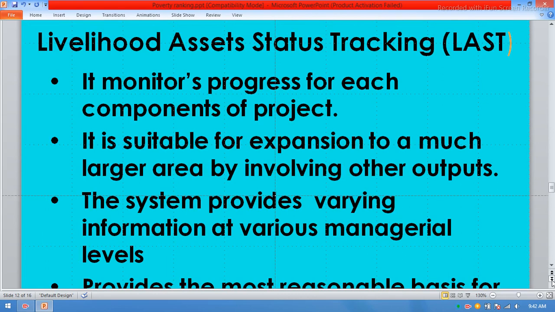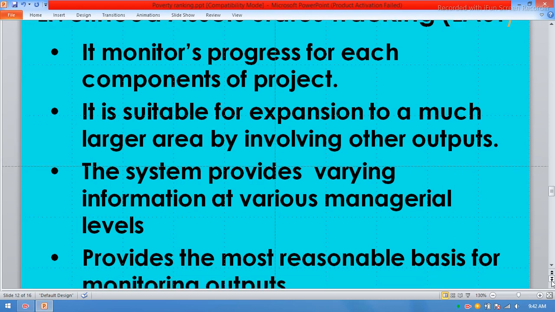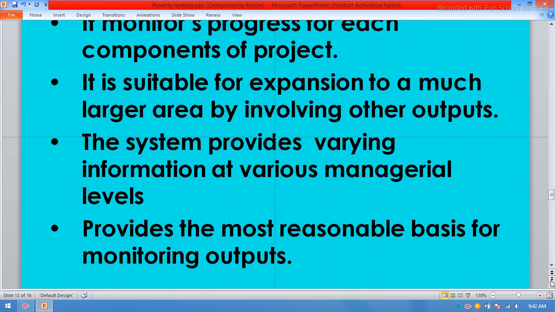Livelihood asset status tracking. It monitors progress for each component of the project. It is sustainable for expansion to a much larger area by involving other outputs. The system provides information at various managerial levels, provides the most reasonable basis for monitoring outputs.